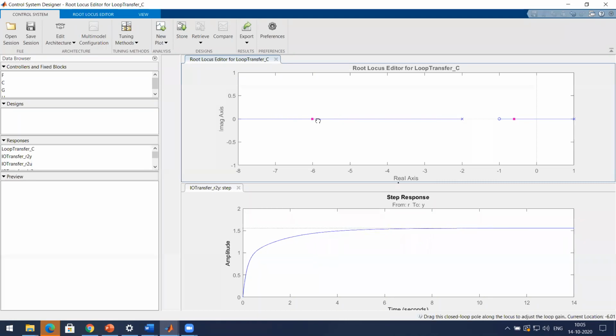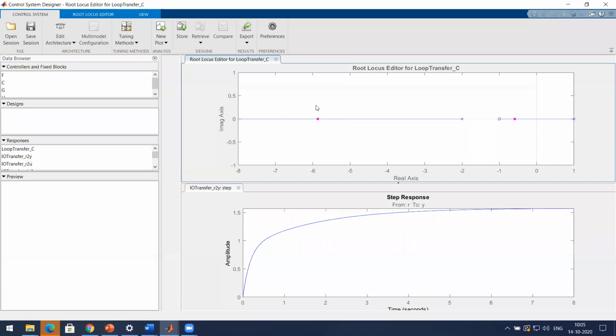If I want to place it on the imaginary axis, is it possible? It's not possible, because I can only move along this line. So the state space model gives us the option of placing the poles wherever we want.